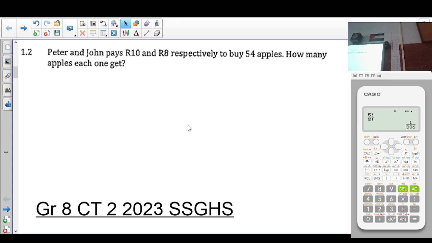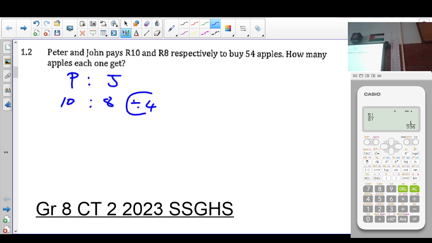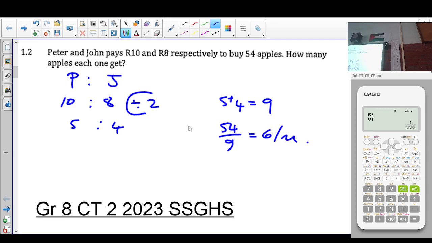So firstly, we'll have Peter is to John, 10 is to 8. So what I do is I simplify that. 2 can be divided by 2 and not 4. It will be 5 is to 4. If I add that together, 5 plus 4 is going to give you 9. 54 divided by 9 is? 6 per unit.